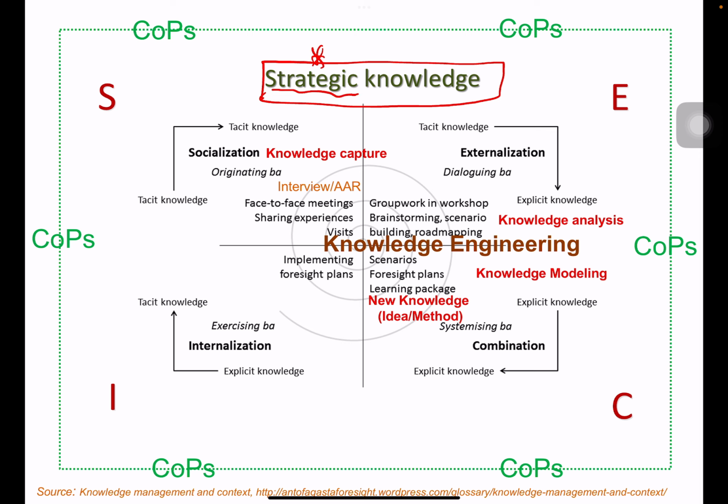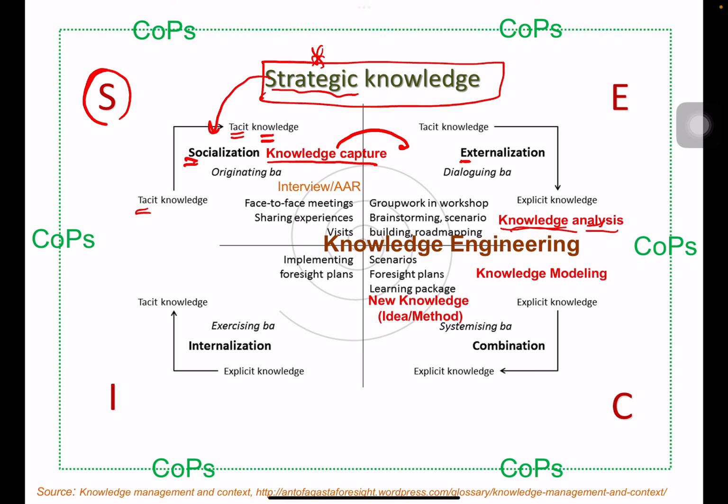At the starting point, you bring the strategic knowledge to process via socialization, using knowledge engineering as knowledge capture. The knowledge is in the form of tacit knowledge, and then you pass the knowledge capture, or pass the knowledge script, as a dialogue.